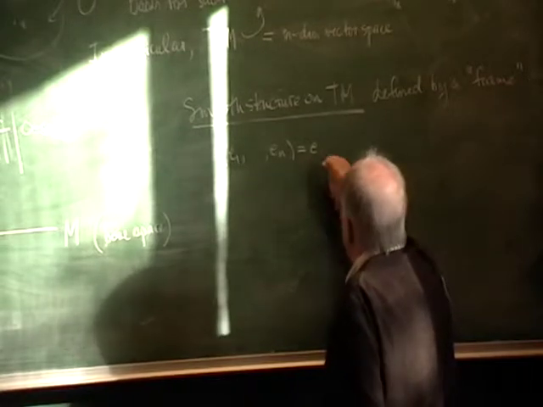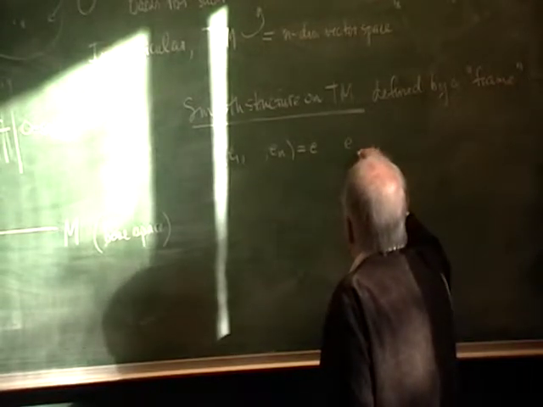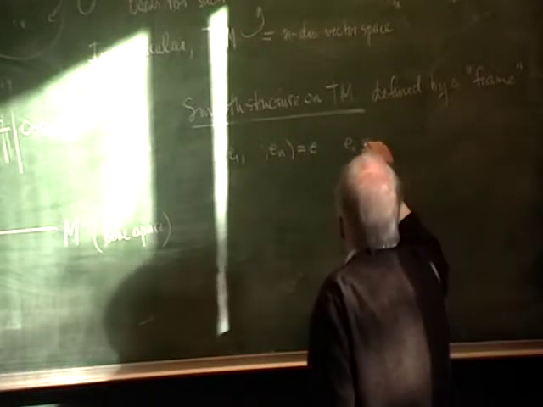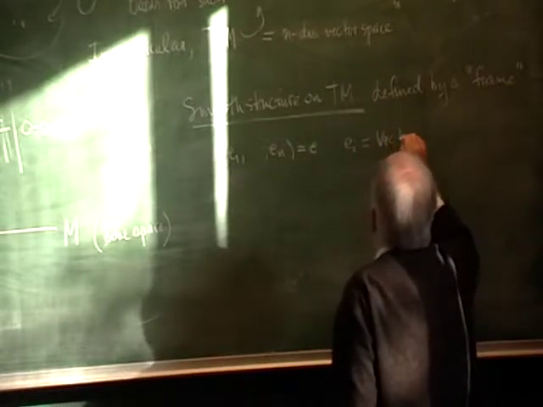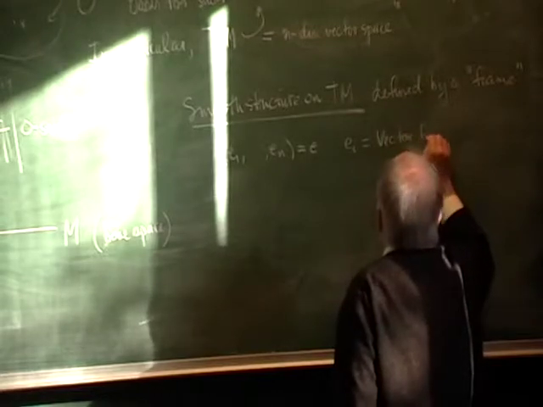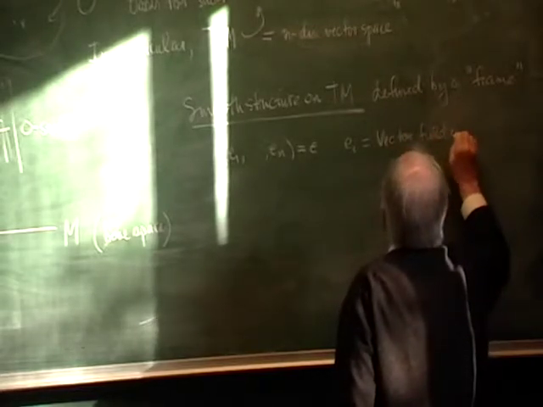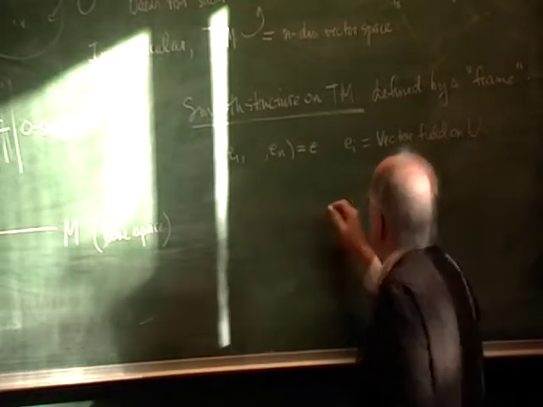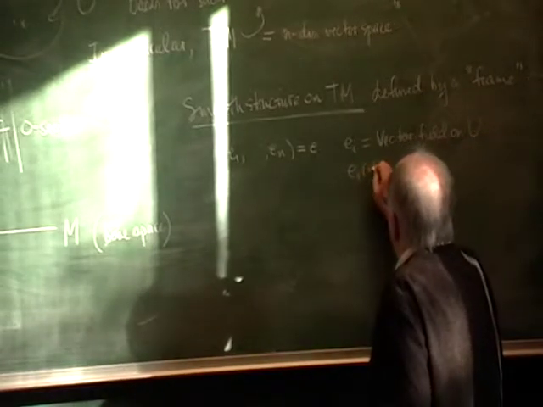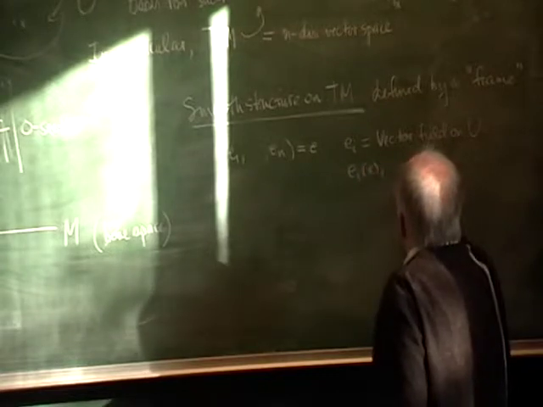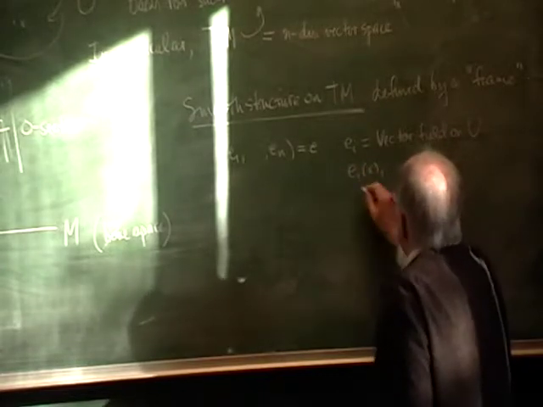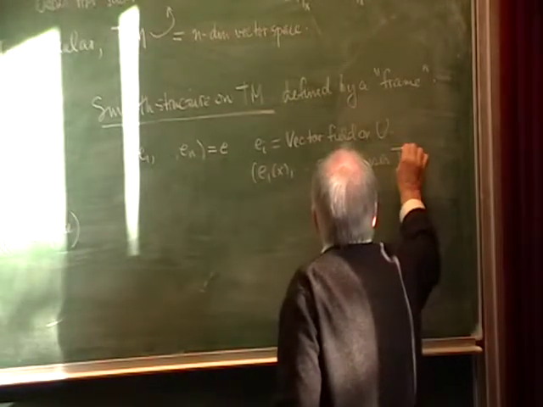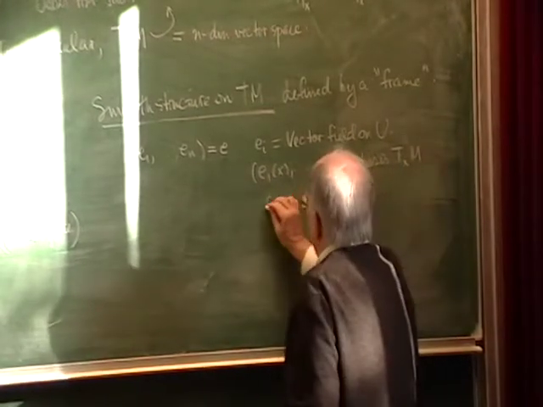So the Ei is a vector field on U, and E1 of X through En of X is a basis of Tx of M for all X.